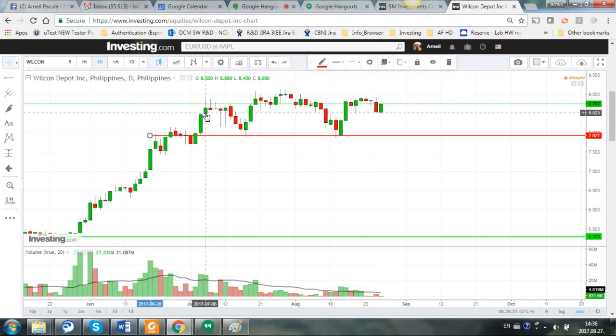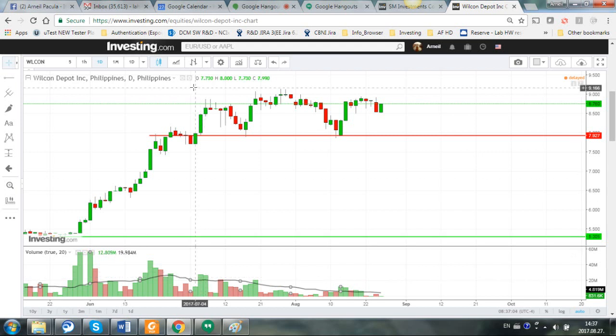So, and then if you check the volume downward, this is the volume. The volume is almost the same with the previous day volume. In that case, this is a confirmed breakout. Na-break nila itong resistance na yan.